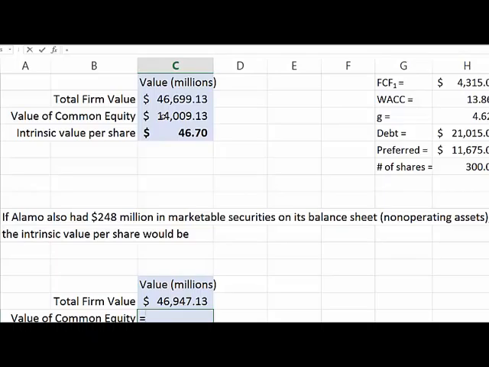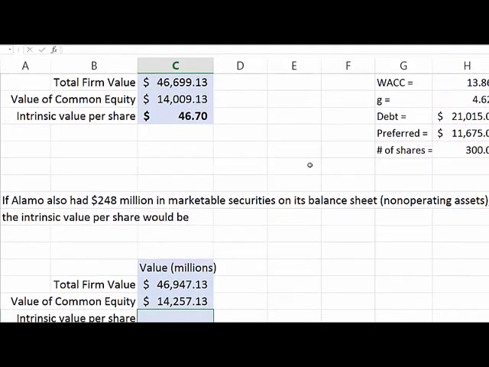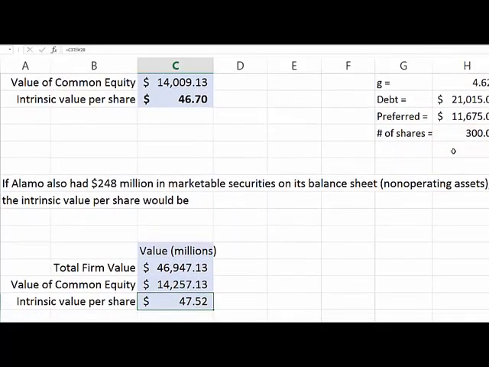And again, from the firm value that we find now, we subtract the value of debt and the value of preferred, and finally, in order to get the intrinsic value per share, we divide the common equity value by the number of shares outstanding, and we get 47.52. So the company becomes more valuable thanks to the 248 million in marketable securities.